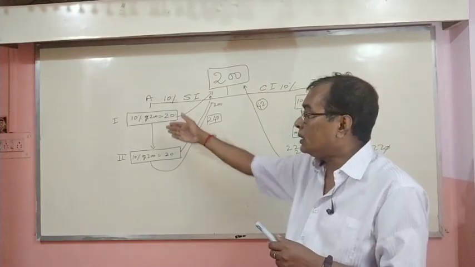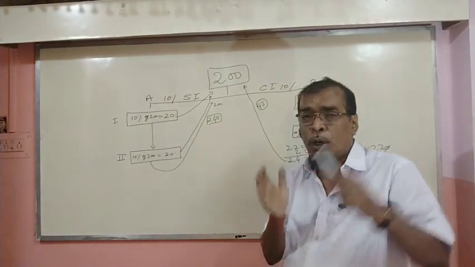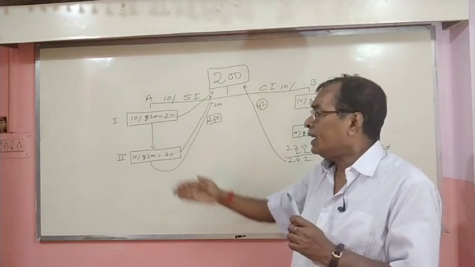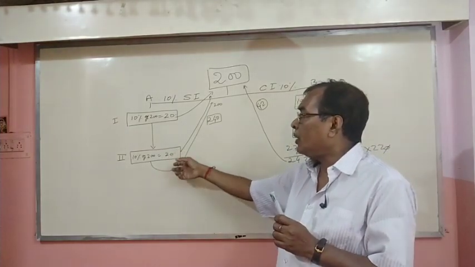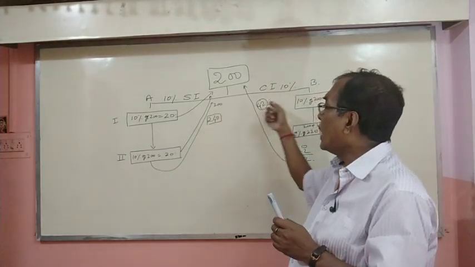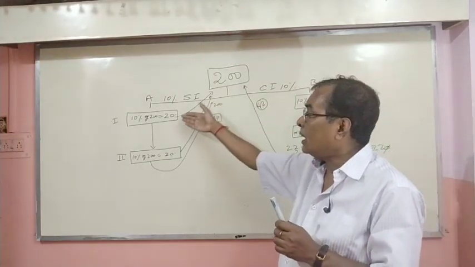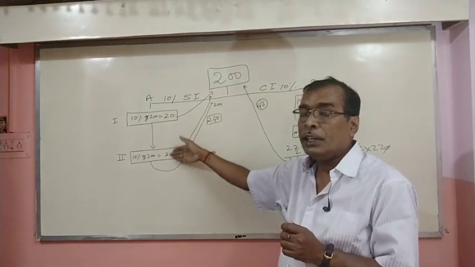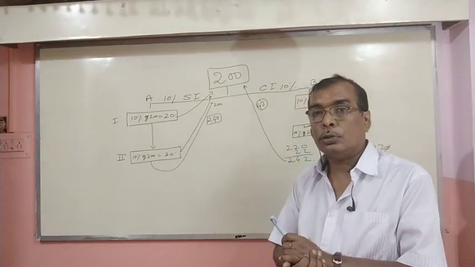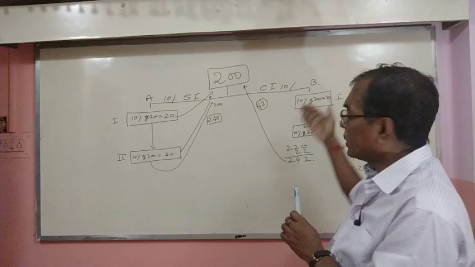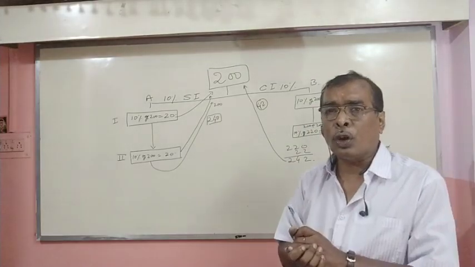Or rather, from this particular person's point of view, you can say he is facing a loss of 2 rupees as compared to the other person. The reason is that time to time he is returning this 20 rupees extra amount. But in the case of the second person, this 20 rupees he is not returning.